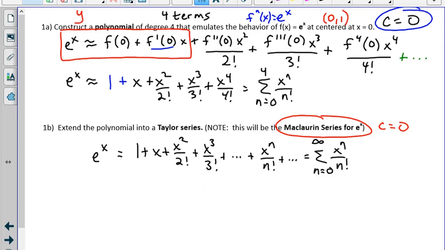So you take y, which in this case is e to the x, or we'll use f of x instead of y. So f of x, which in this case is e to the x, minus f of 0 equals the derivative at 0 times x minus 0.